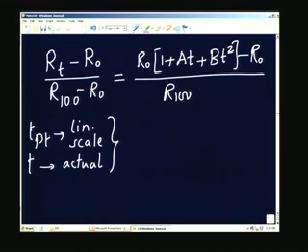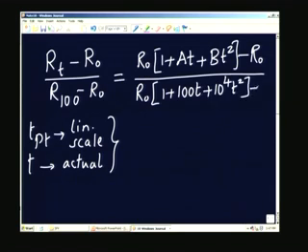In fact, I can do the following. I can write the R100 as R naught into 1 plus 100 A plus 10 to the power of 4 B, minus R naught.